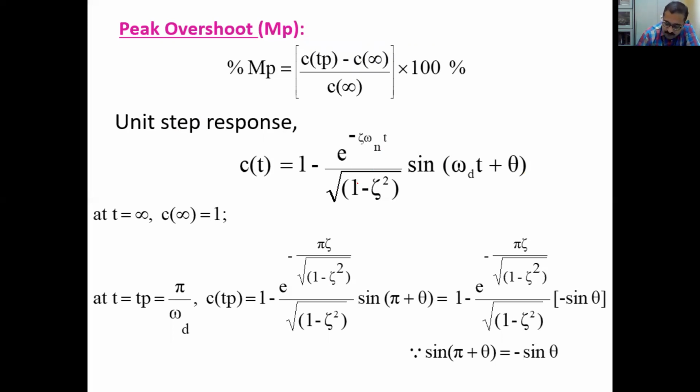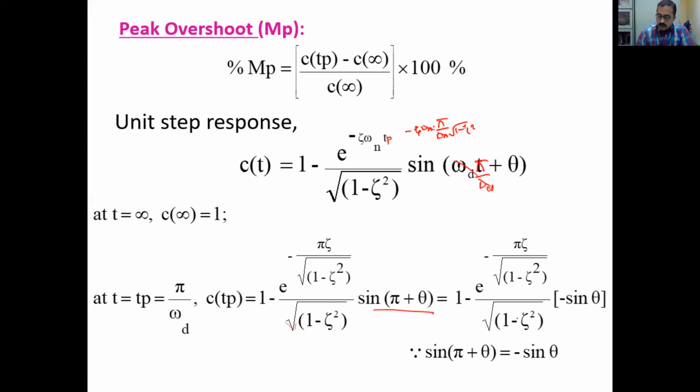So it becomes 1 minus e raised to minus zeta omega n into tp, that is pi by omega n into root of 1 minus zeta square. Omega n and omega n get cancelled. So you get e raised to minus pi zeta by root of 1 minus zeta square, whole divided by root of 1 minus zeta square into sine(omega d into tp). tp is pi by omega d, so this omega d is cancelled. You get sine of pi plus theta.